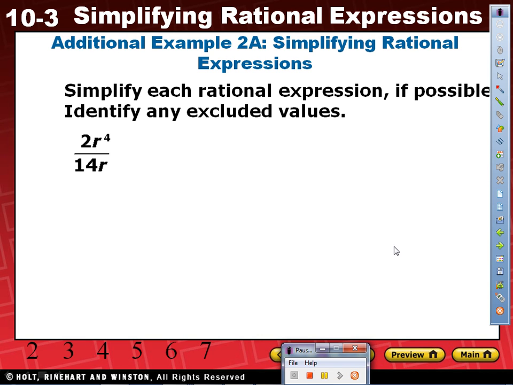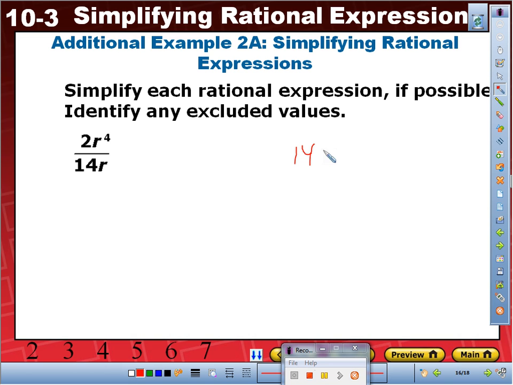Example 2A. It says, simplify each rational expression if possible. However, what is the second part? Identify any excluded value. So the first thing that we already know how to do is what? Identify excluded values. So let's do that. So what do I write? 14R equal to 0.